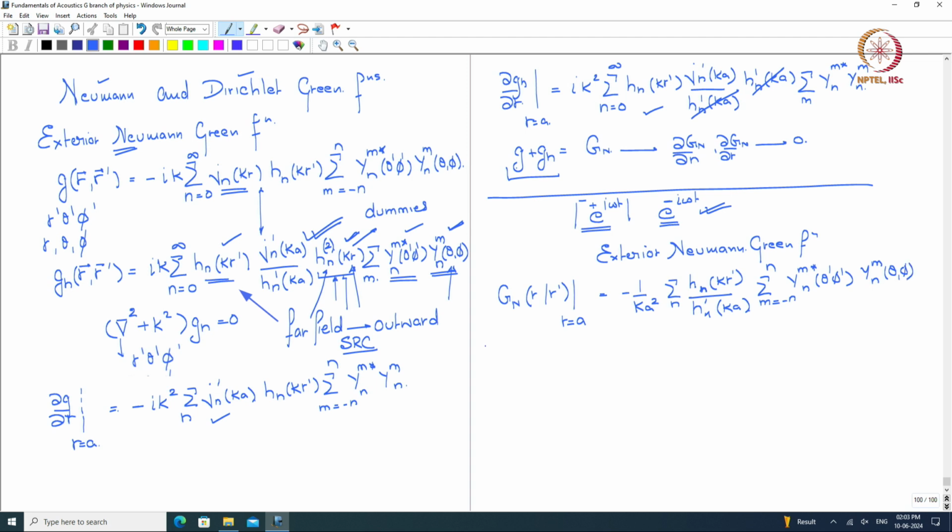So r equal to a, theta, phi will be the source coordinates. r', theta', phi' will be the receiver points or measurement points.